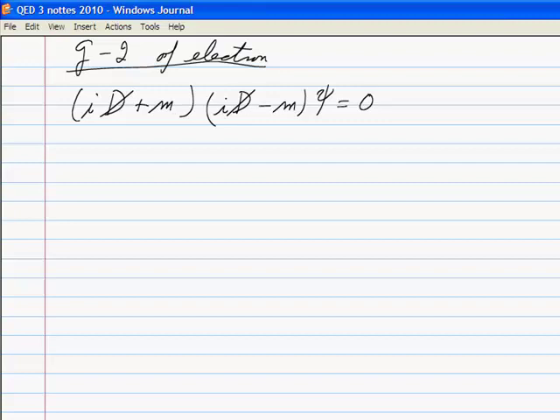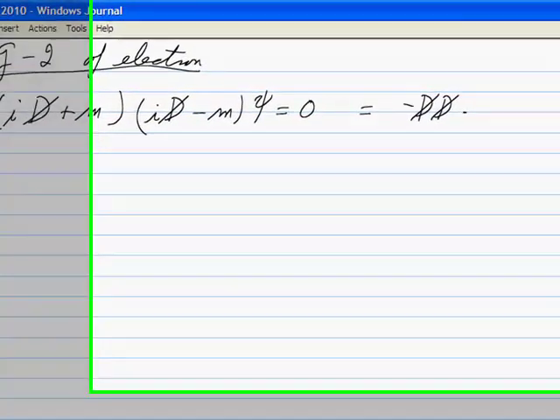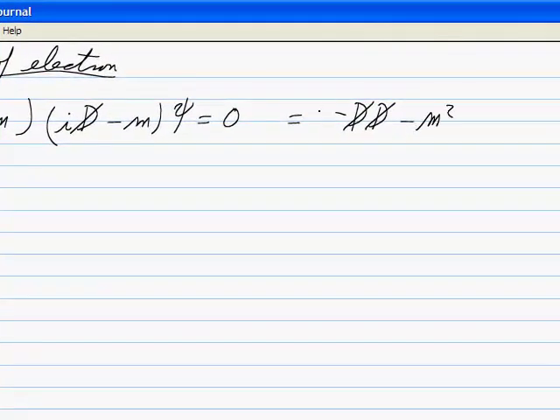Okay, so that's a marvel of modern mathematics. And if you look at that, that's minus d-slash squared minus m squared, the cross terms cancel, of course, acting on psi.